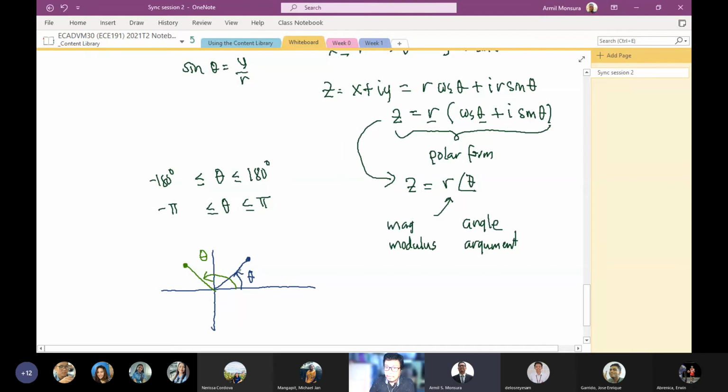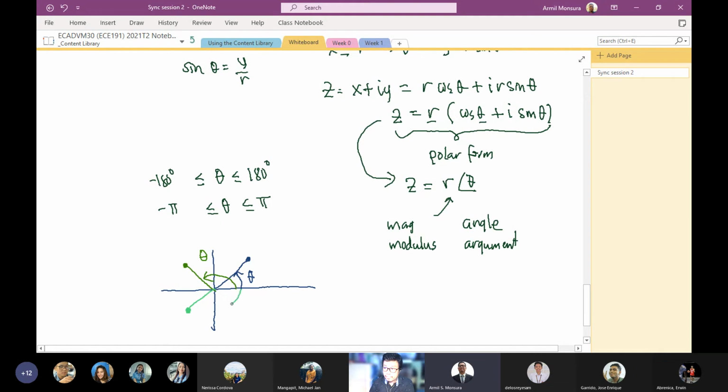Now, kung ang number nyo ay nandito, ito na yung ibang usapan. If your number is somewhere in the third quadrant, again, we measure your theta from the positive real axis. But you don't do it that way. Instead, you go clockwise.